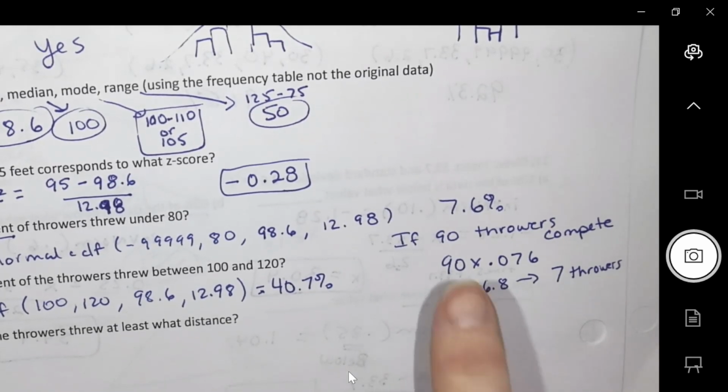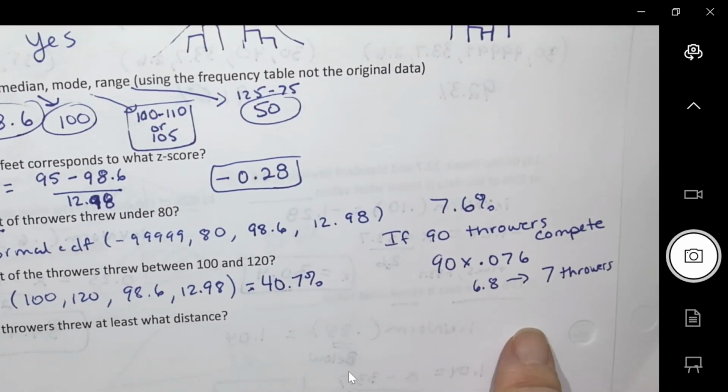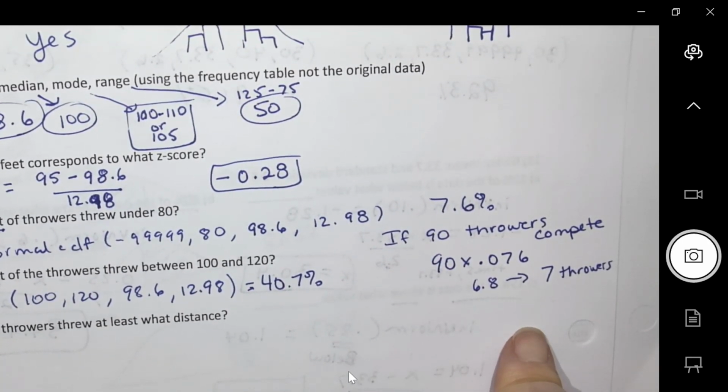Okay, so this question might throw you off on the test because I say how many throwers, but the wording won't say what percent. You got to know to find the percent and then the number of throwers, okay?